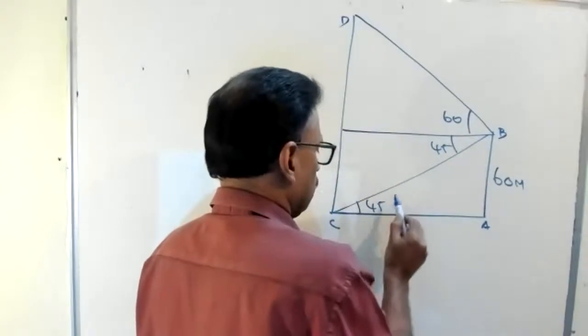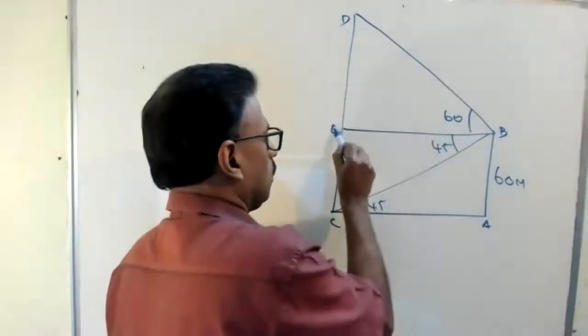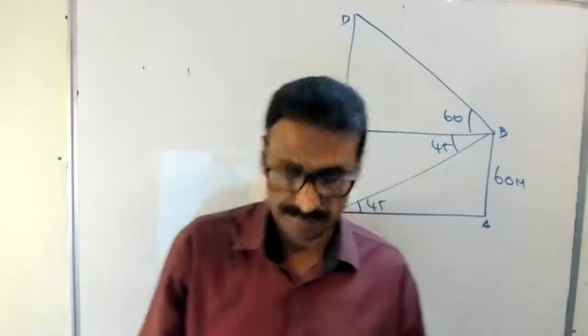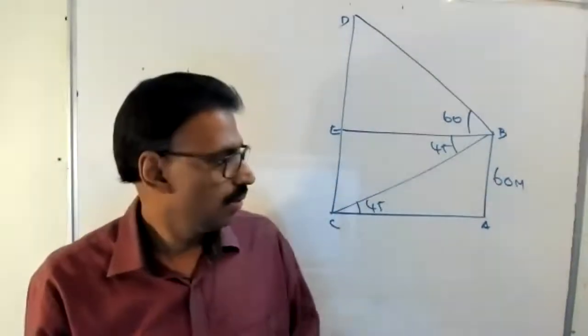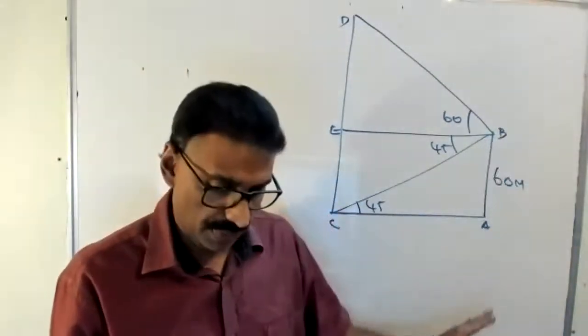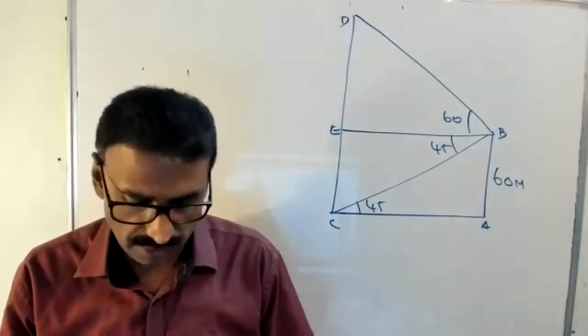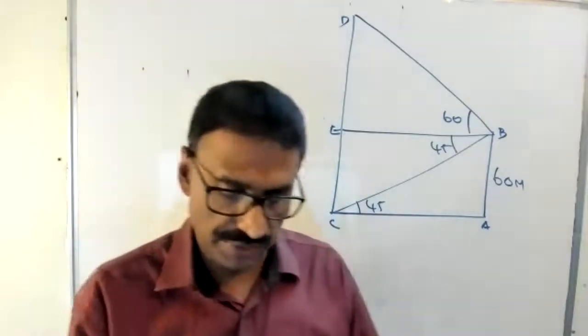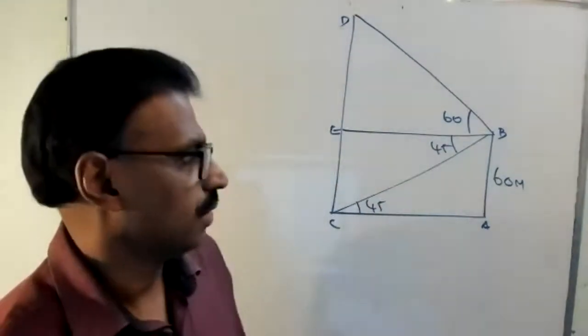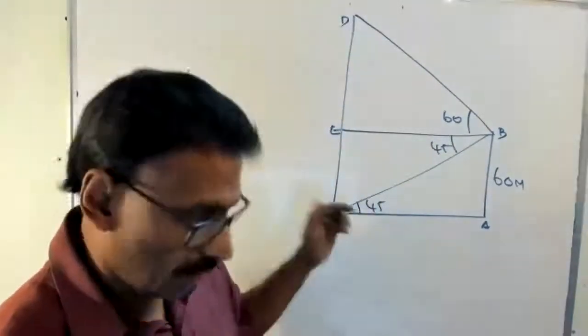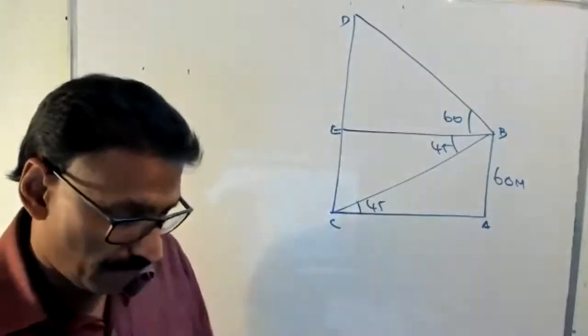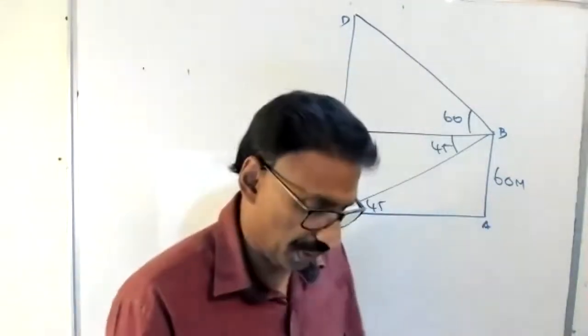Look at the figure. Question again. From a window 60 meters above the ground of a house in a street, the angle of elevation and depression of the top and foot of another house are 60 degree and 45 degree.